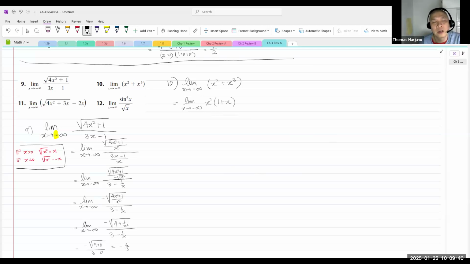Now from here you see, oh, you know what? When it is an infinity, negative infinity thingy, right? A limit of a product, we can split that into a product of limits. Because yes, we will know the infinity thingy. The answer here will have something to do with infinity.